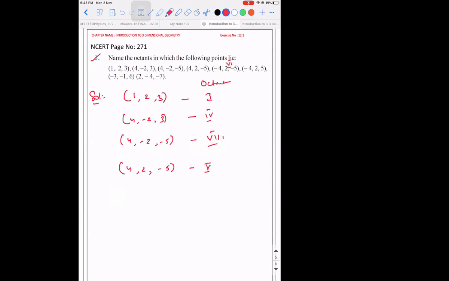Third octant. Second. Yes, second. -3, -1, 6. Third octant. 2, -4, -7. X, z is negative. So x is positive, y is negative. Eighth octant. That's it.